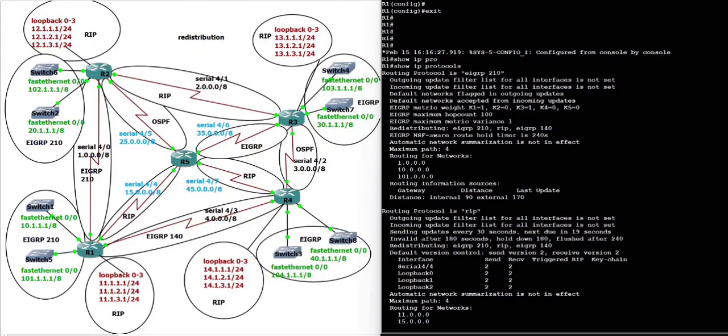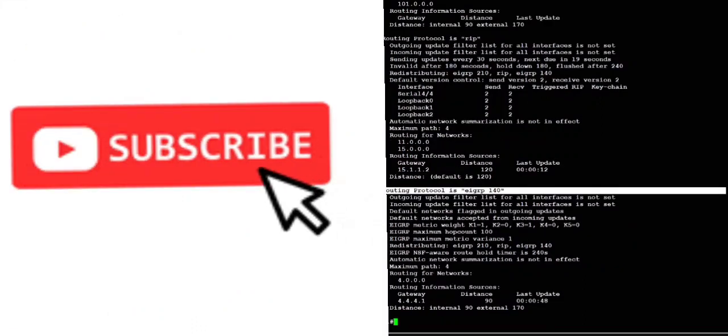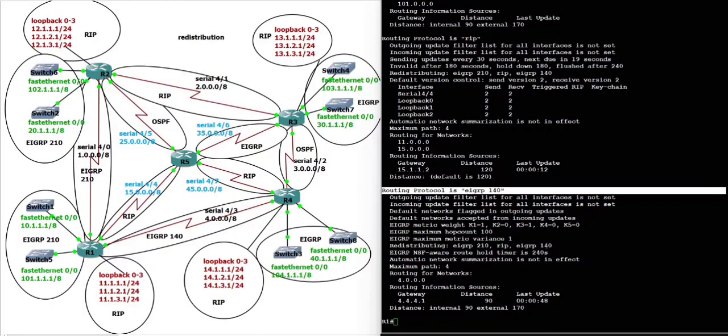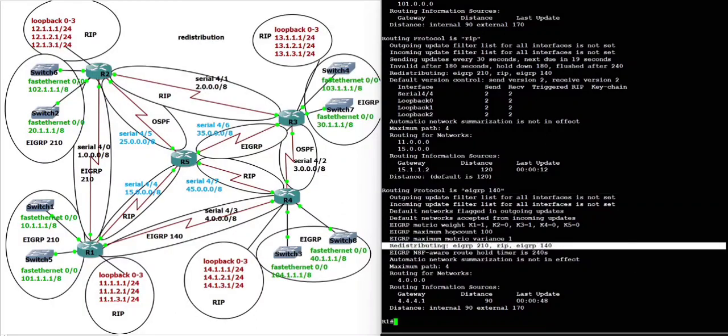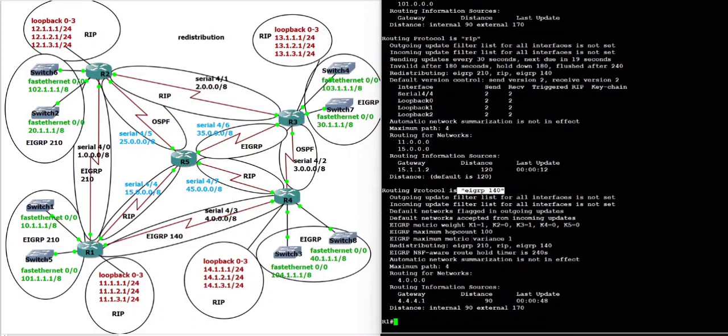You can see the redistribution here. Redistributing EIGRP 210, RIP and EIGRP 140. Okay, on RIP here also we have redistributing EIGRP 210, RIP and EIGRP 140.